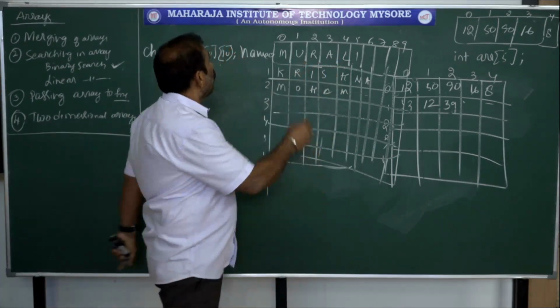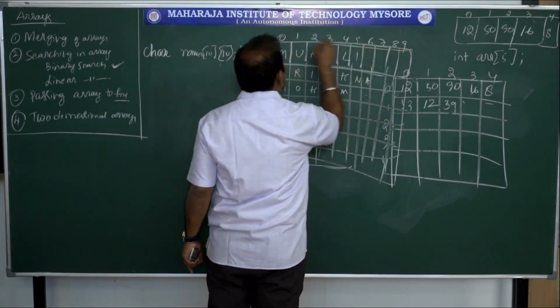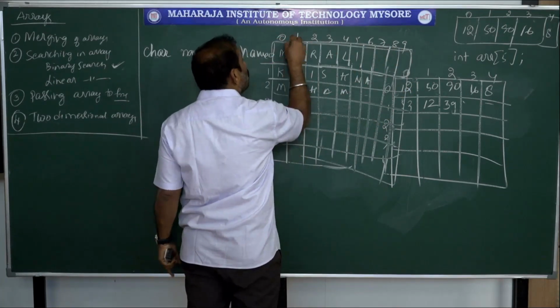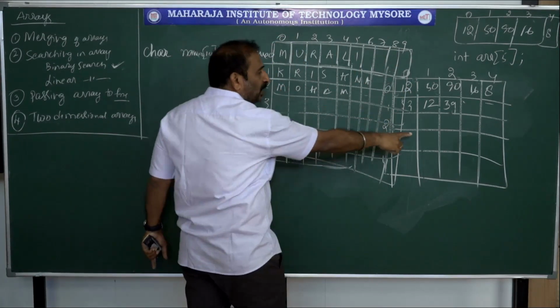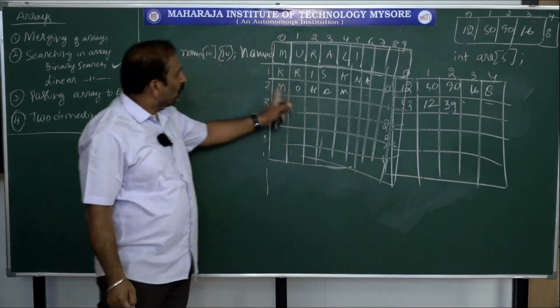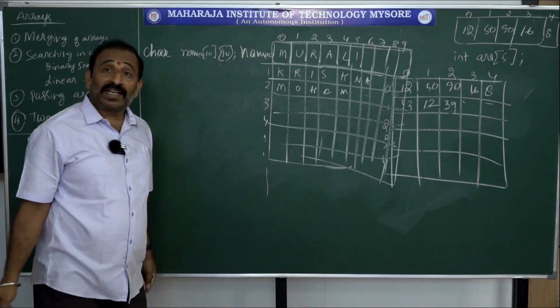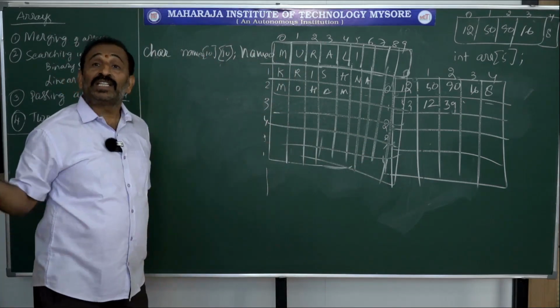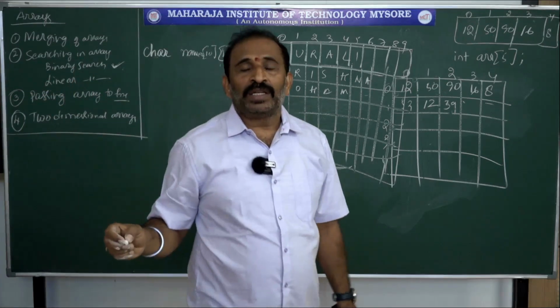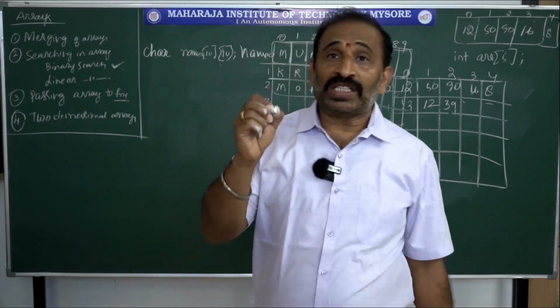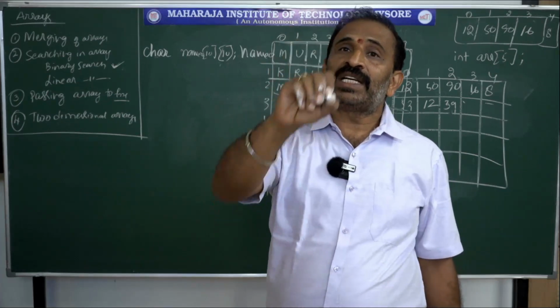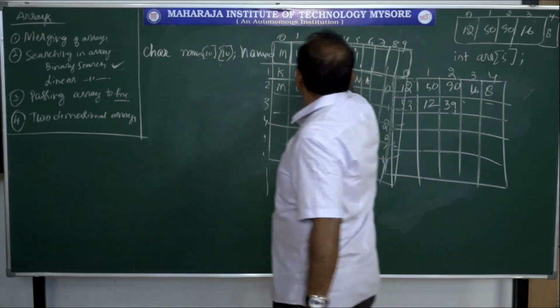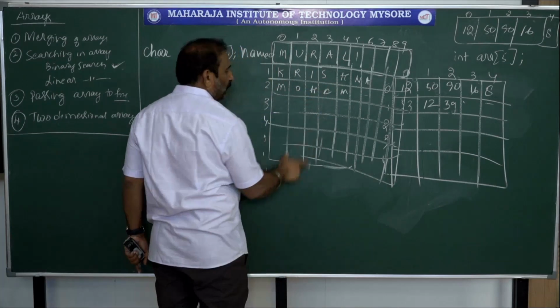Individual name, one name is one row. In that, one box is one character. Like this I have explained with the numbers. You can do this with a character set. Then it is called a special name in programming languages called string. This becomes a string. This is one string. This is another string. This is another string.